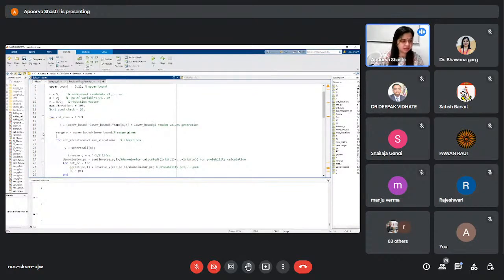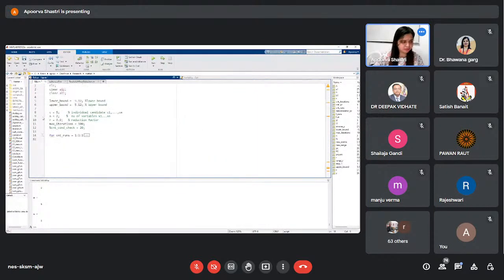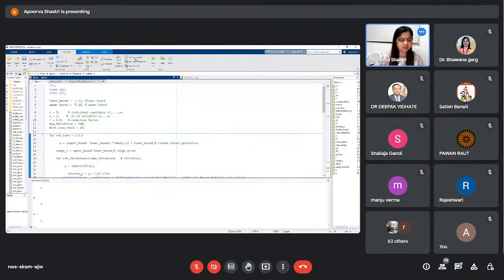As I told you earlier, we will check whether the random numbers are getting generated or not. We will check everything step by step, but let us first understand the code, at least till we call the function.